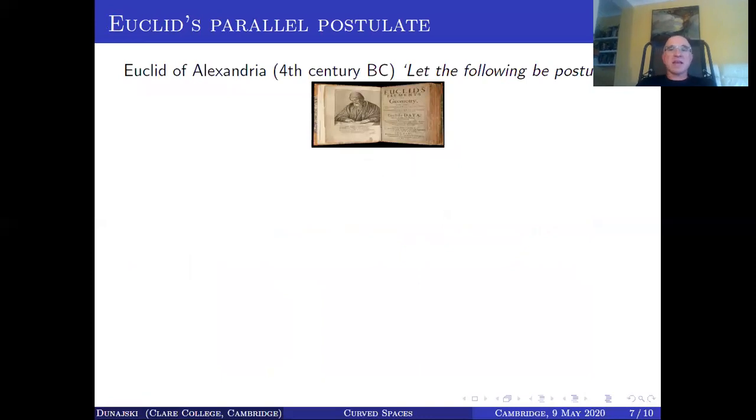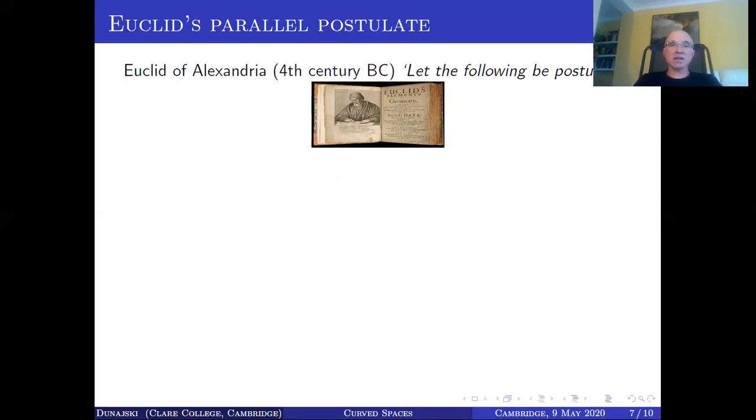Now let's take a step back, in fact, a big step back, to the 4th century BC, where Euclid of Alexandria wrote what is regarded as the most influential mathematics book ever written, the Elements. In this book, he really introduced what we think of as the axiomatic technique in mathematics.